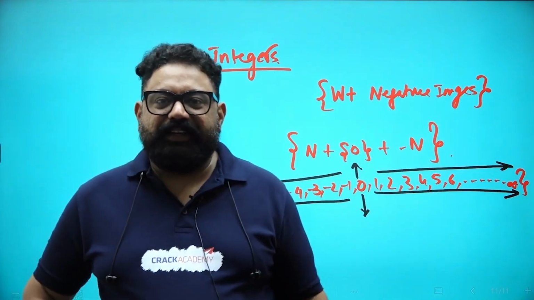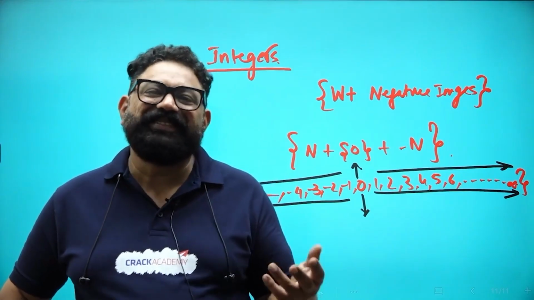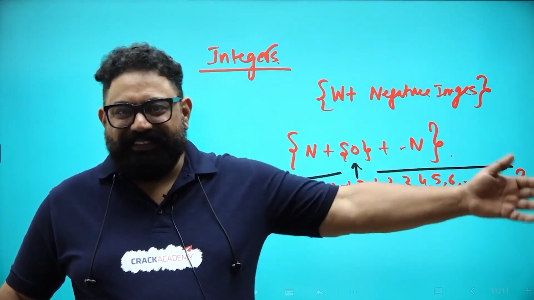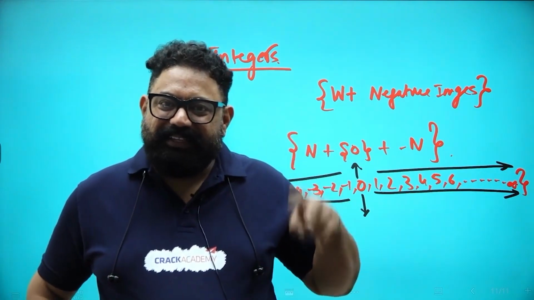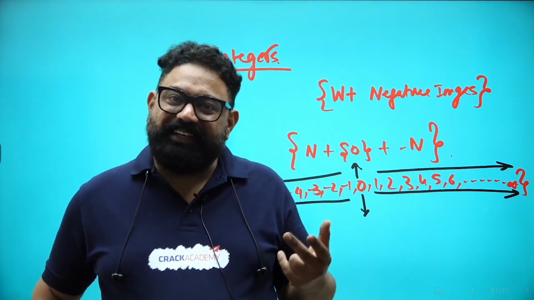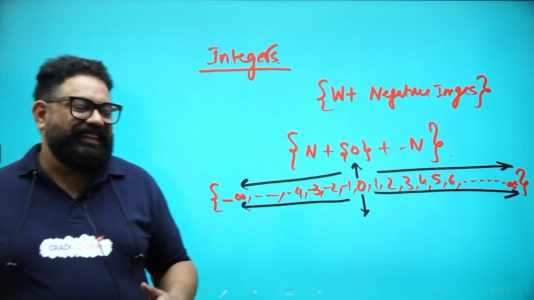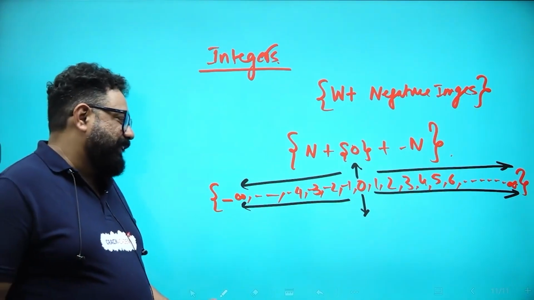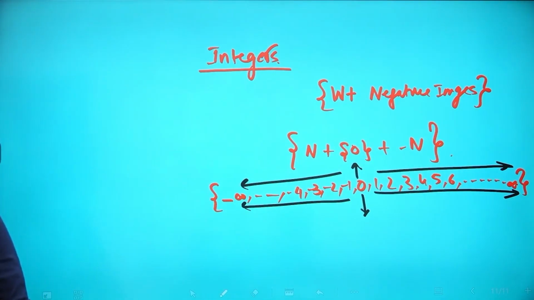I went and bet 5 sheep and I lost that bet. So how many sheep do I have? I gave 3 sheep, but I still need to give 2 more sheep. So I am in negative, like minus 2 sheep are left. That is where negatives come into play. So this is for integers. Kindly make a note of this, please.